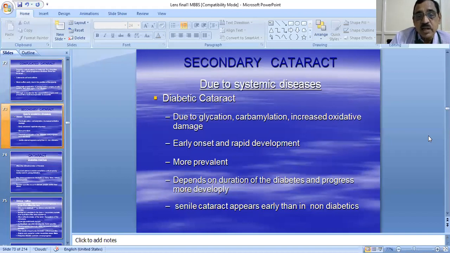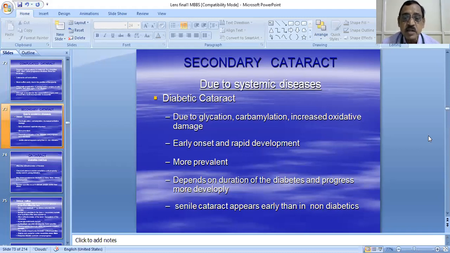Secondary cataracts are mostly due to systemic disorders, out of which diabetic cataract is very important. The incidence of diabetic cataract is directly proportional to the chronological age of the diabetes, that is, its duration.